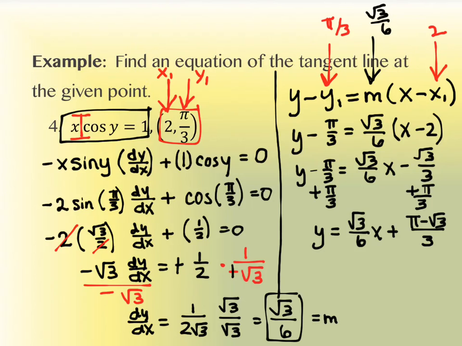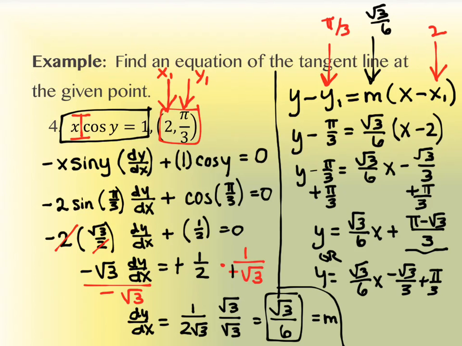In other words, if you left this piece right here as negative radical 3 over 3 plus pi over 3, and the first part written in as it was, that would be okay too. I think the back of your book does this first one, if I remember right from when I've seen it before. Okay, any questions on that one? It's kind of messy, but it wasn't undoable.